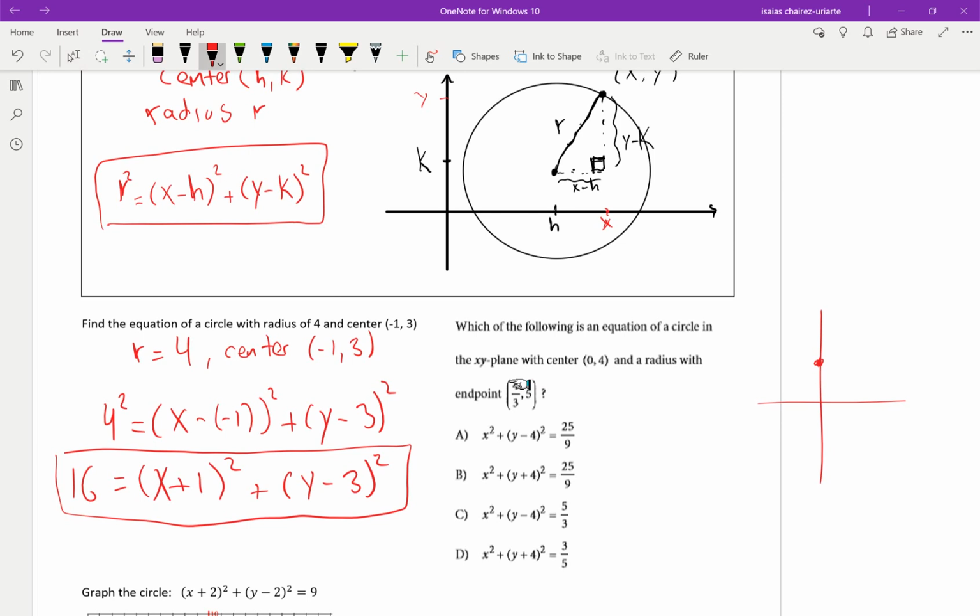Let's just pretend that the radius is right there. So I have something like this. This point right here is supposed to have coordinates 4/3, 5, and this is the point 0, 4.